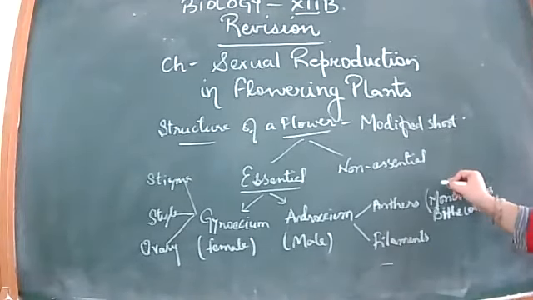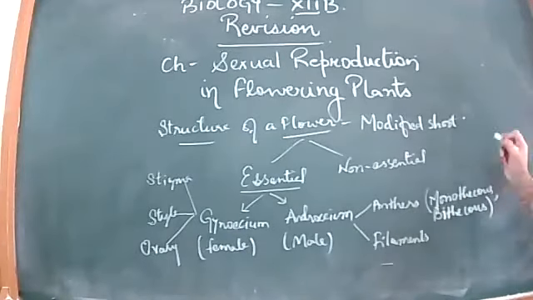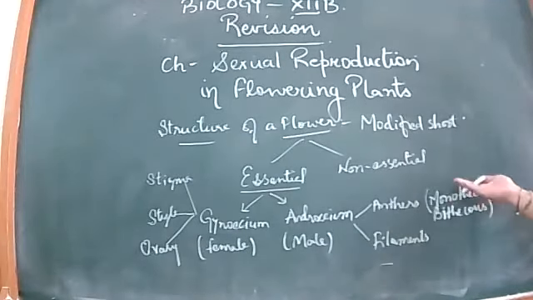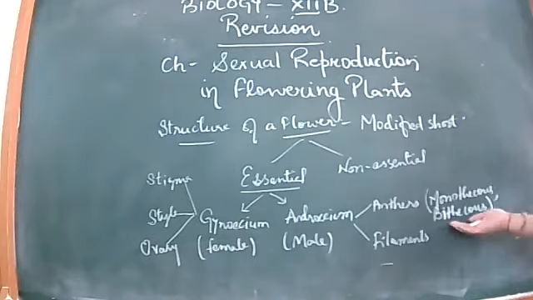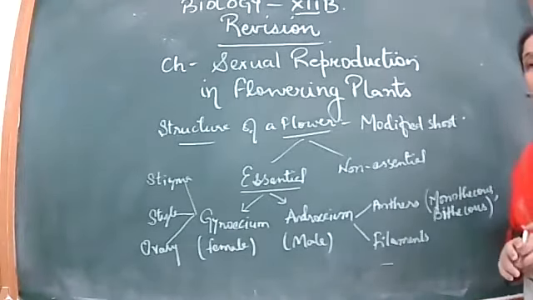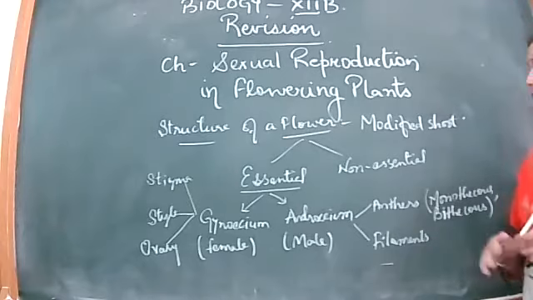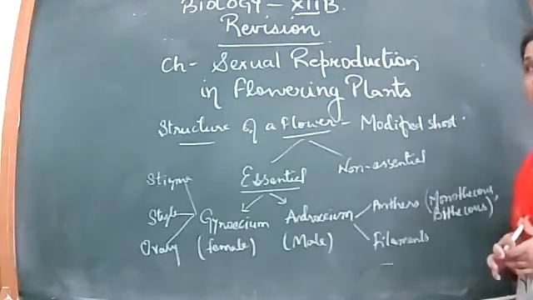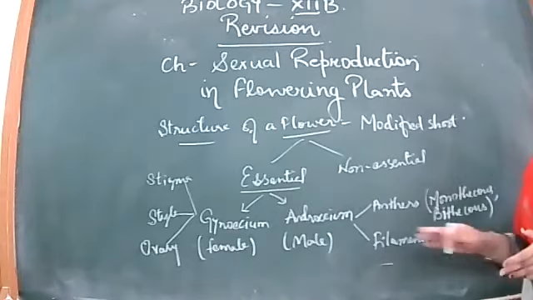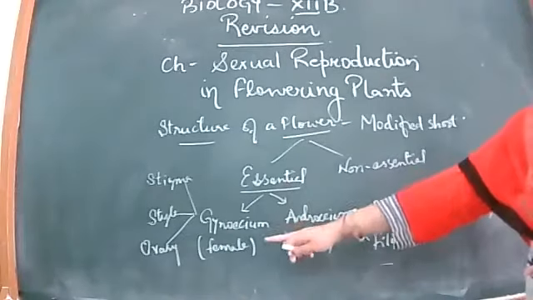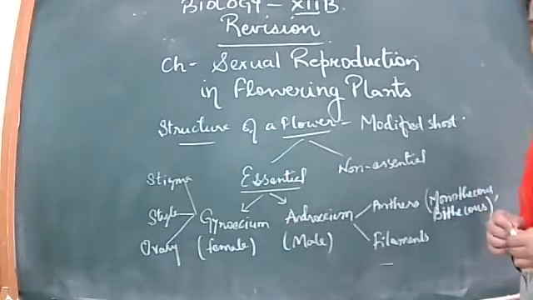A single lobed anther is called monothecous. Bithecous is when it is having two theca, that is two lobes. Each lobe carries pollen sacs, and each pollen sac has numerous pollen grains in it. Okay, so these are the structures of the essential parts, the gynoecium and the androecium.